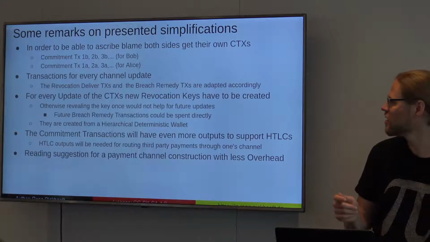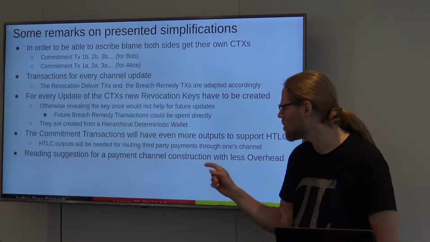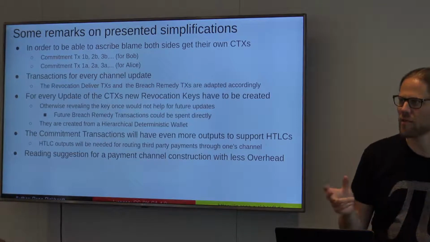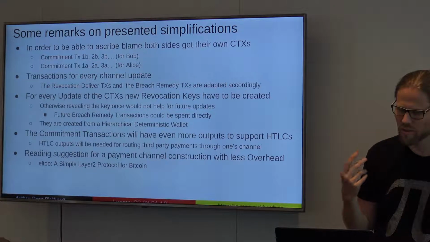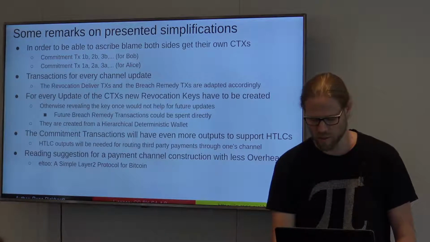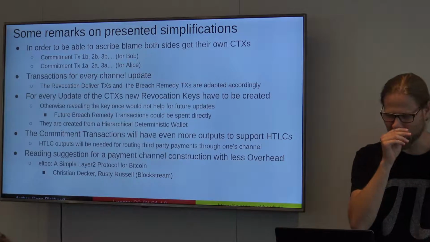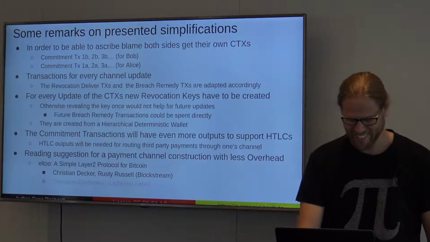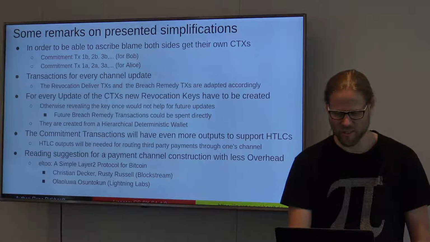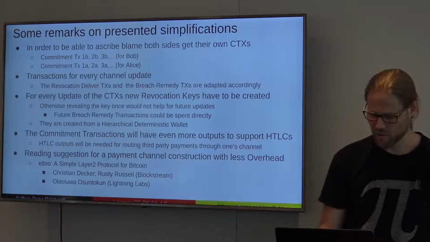So yeah, there's a small reading suggestion for a payment channel construction with less overhead, and that's the L2 paper. So, a simple layer 2 protocol for Bitcoin. I think one of the authors is sitting here. He's trying to shill it all the time. And there's also Laolu from Lightning Labs who helped with it.